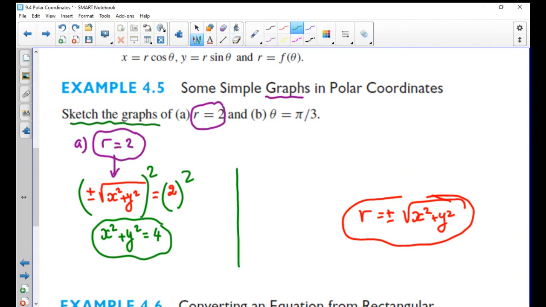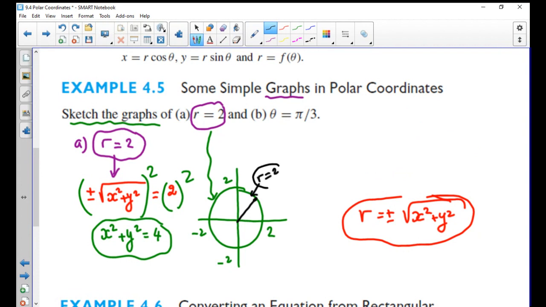So the graph will be just a circle of radius 2. So that is, yeah. And in fact, you can see that if you take any point on this circle, what is the r here? 2, that's it. So r is equal actually to 2 on this point. R is equal to 2.